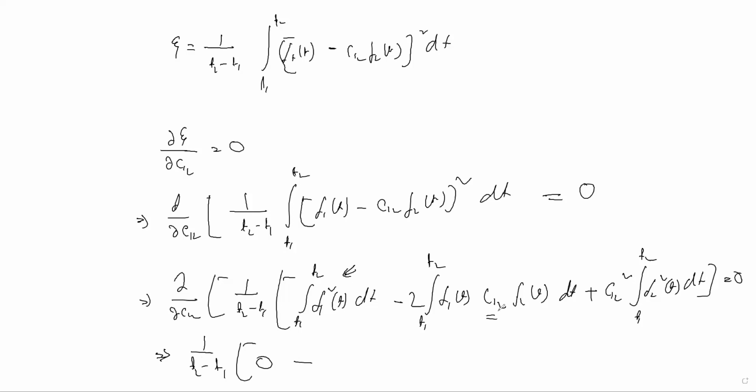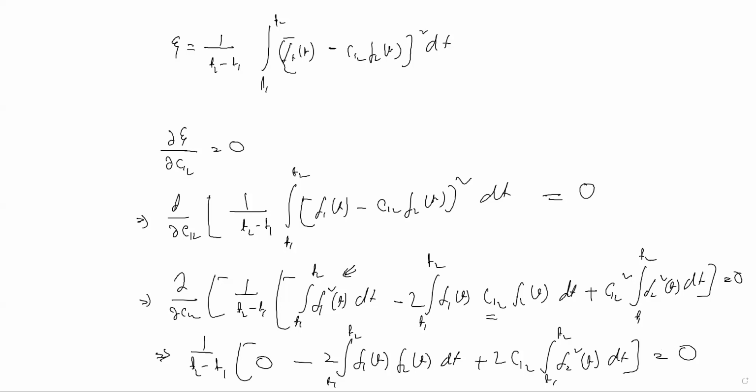Then we find minus twice integration T1 to T2 of f1(t) into f2(t) dt. Here the square is there, so twice x will come, because d by dou x of x square is twice x. So it will come plus twice C12 into integration T1 to T2 of f2 square(t) dt equal to 0.